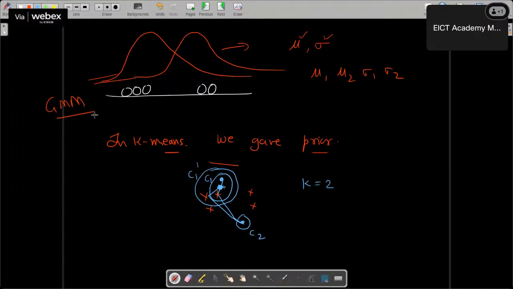Now here in the GMM we assume a Gaussian distribution, randomly. We don't know the values of mu and sigma.